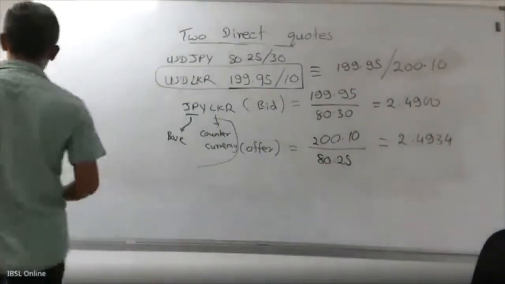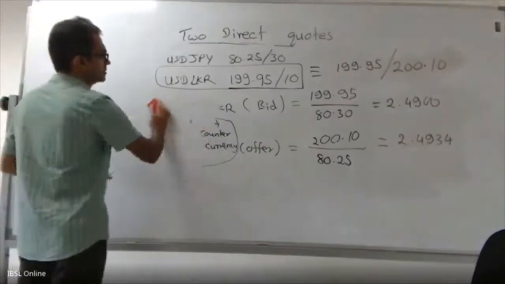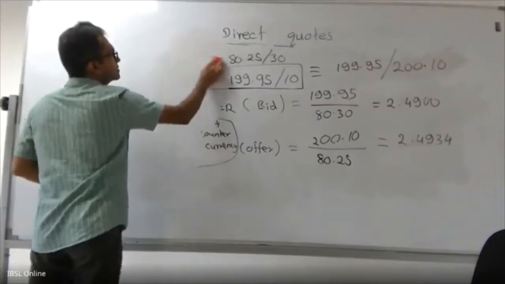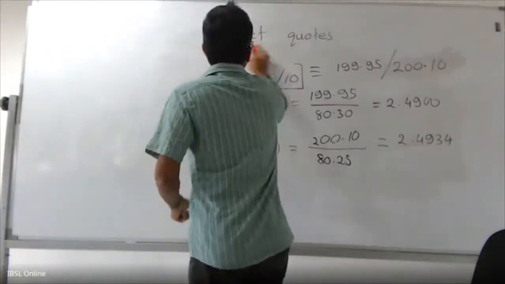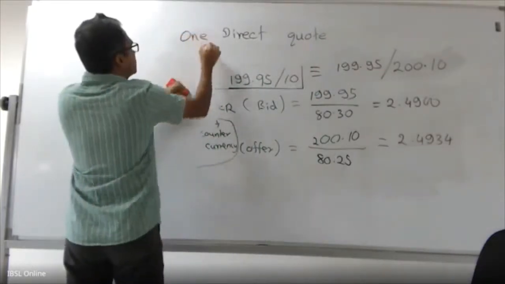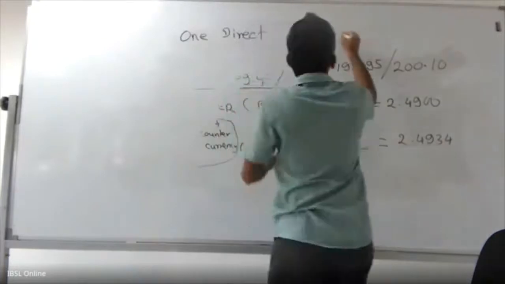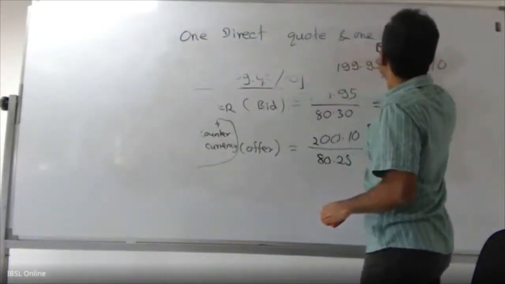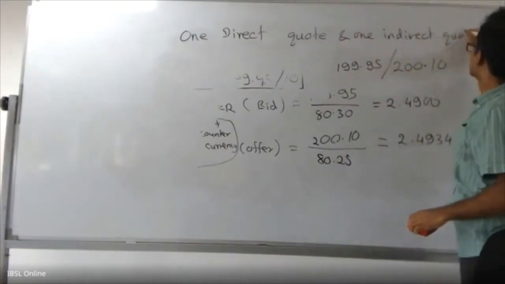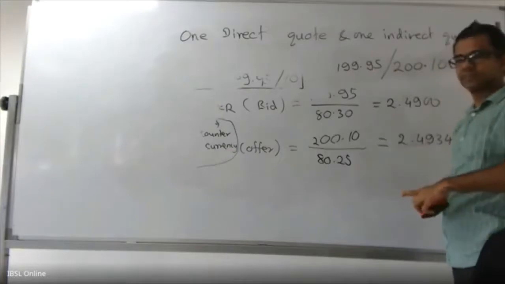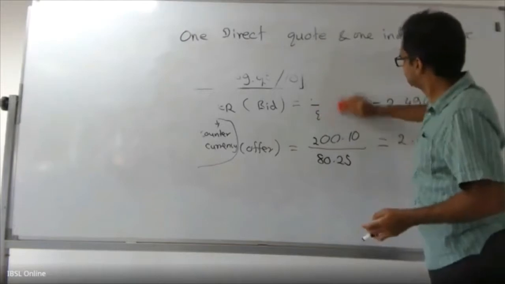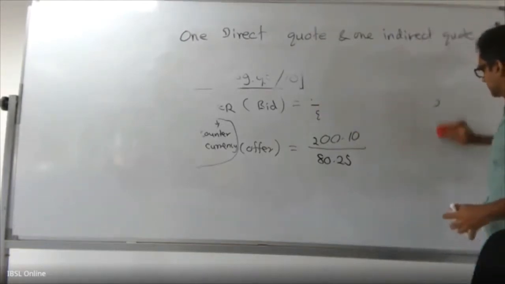Okay, then the third combination. What is the third combination? When we have one direct quote and one indirect quote. This is the easiest one. Very straightforward.